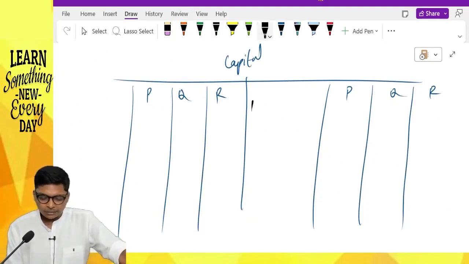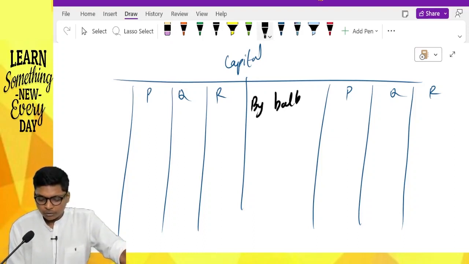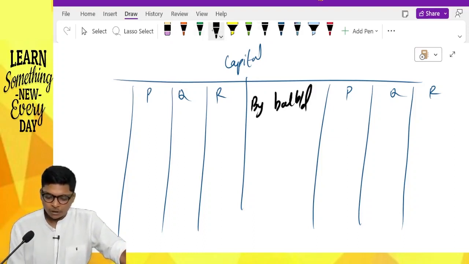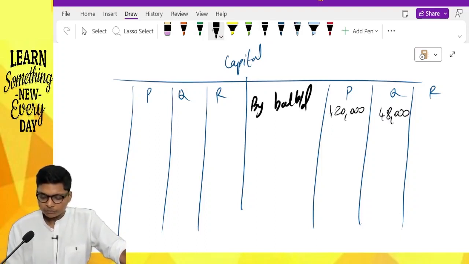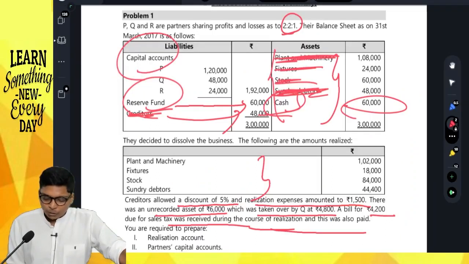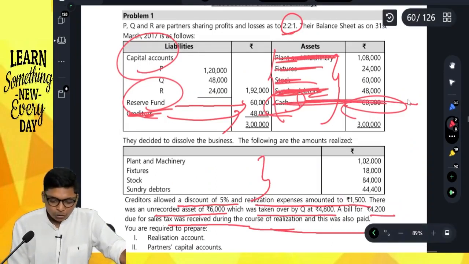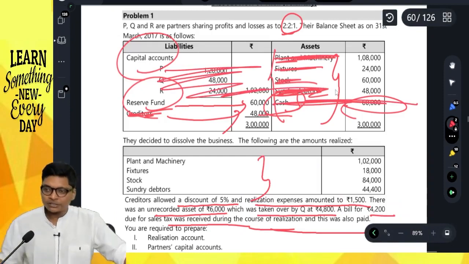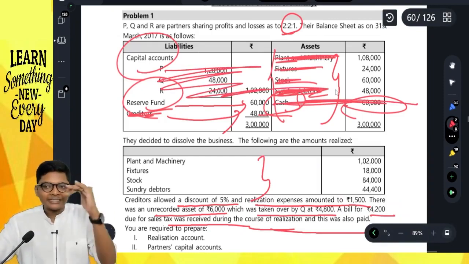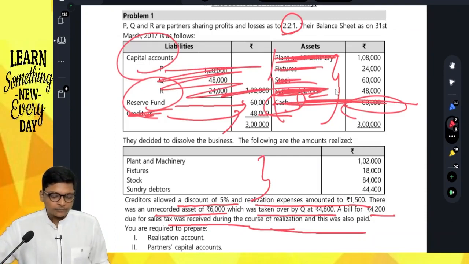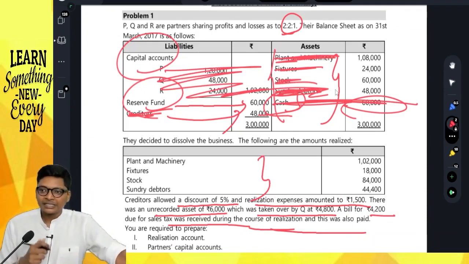By balance brought down, how much? 1,20,000, 24,000. Clear? So once you write opening balance, cash also closed, capital account also closed. One item in the balance sheet is still hanging. Which one? Reserve fund. How much?